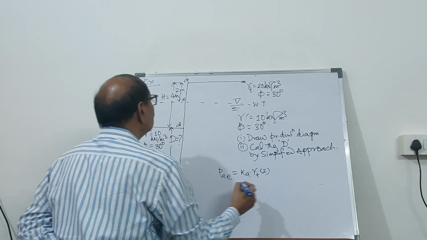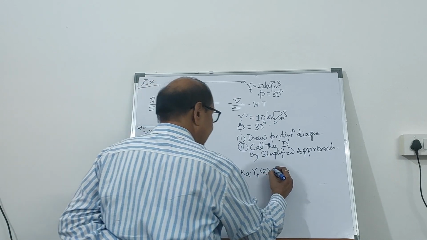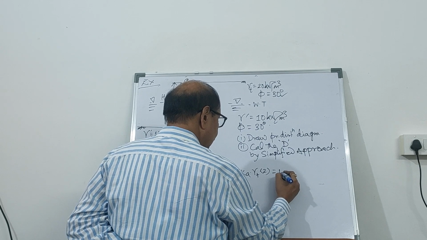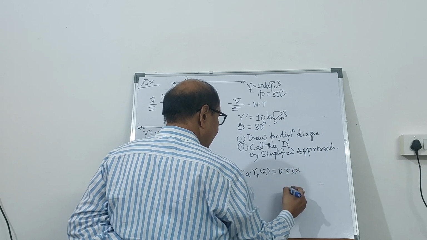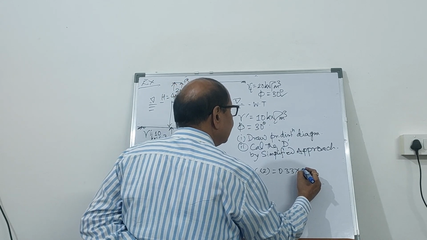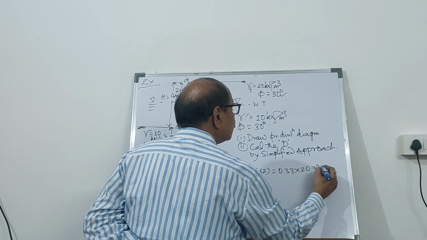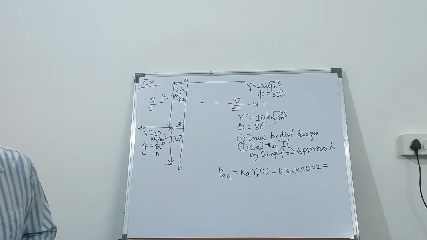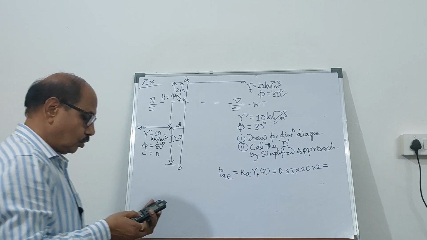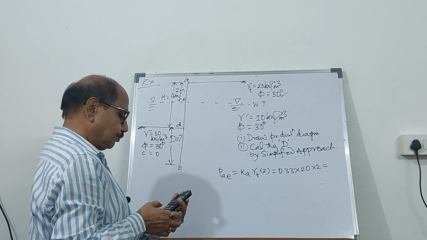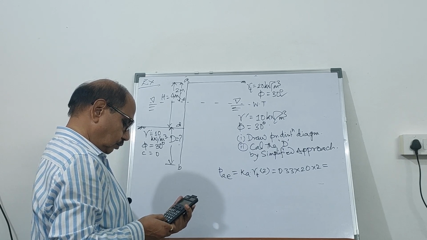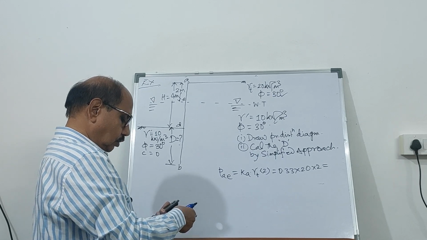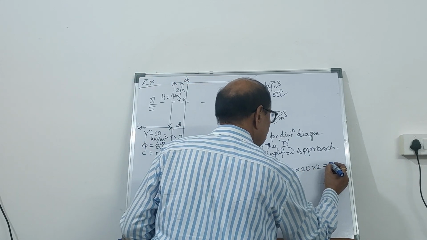So K, for phi equal to 30 degree, the value of K is going to be 0.33 multiplied by gamma T is 20 multiplied by 2. So it becomes 40 multiplied by 0.33. So let's calculate this. 13.2 kilopascal.